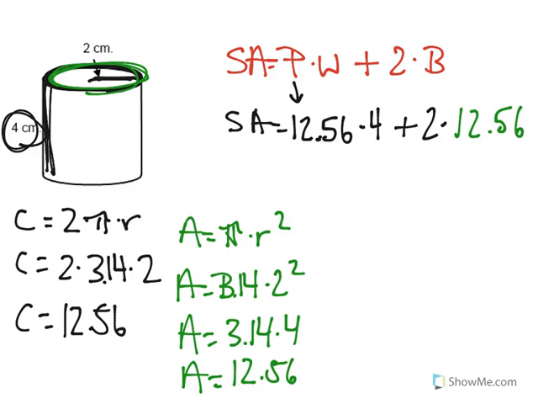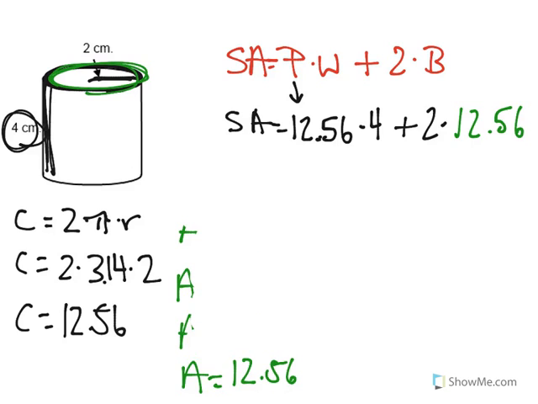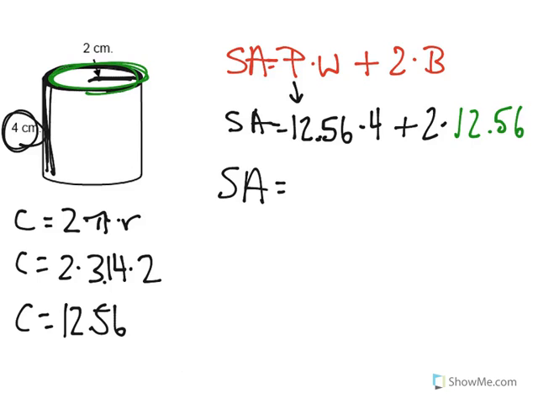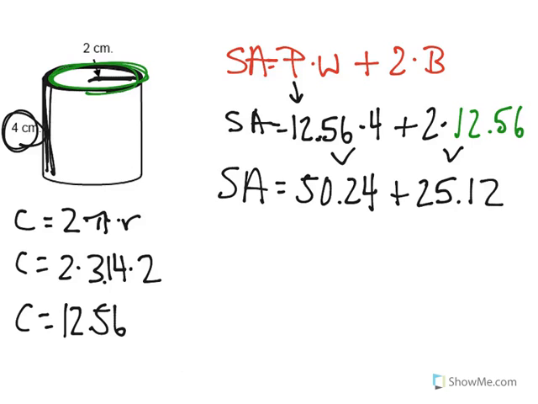Okay, I'm going to make some room here just so I can finish out my surface area formula. So surface area is, I can do my multiply now. I need 12.56 times 4, which is 50.24. I need 12.56 times 2, which is 25.12.